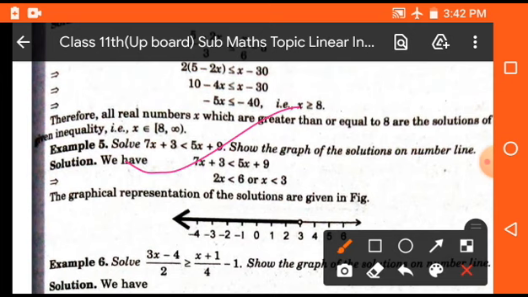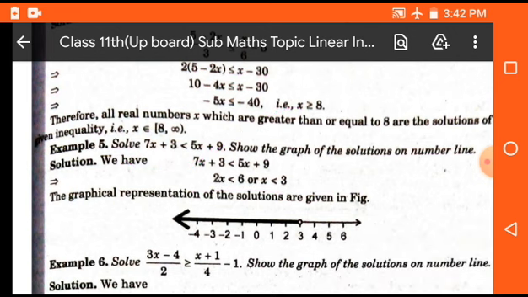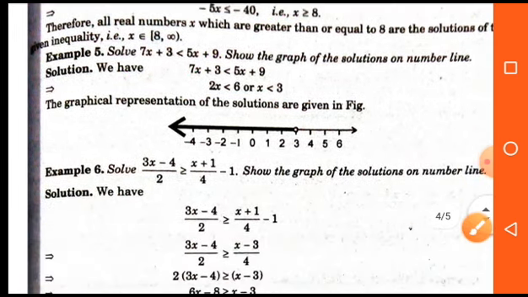On solving, we get 2x is less than 6, or x is less than 3. It means that we can take all the values which are less than 3, so minus infinity to 3. But 3 is not included because x is less than 3. Now when we plot all the values on the number line, we get the required solution as shown in the figure.